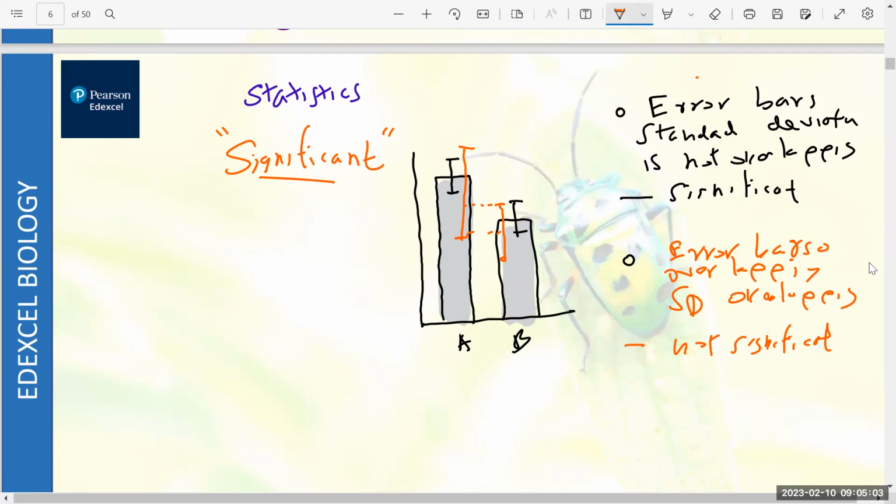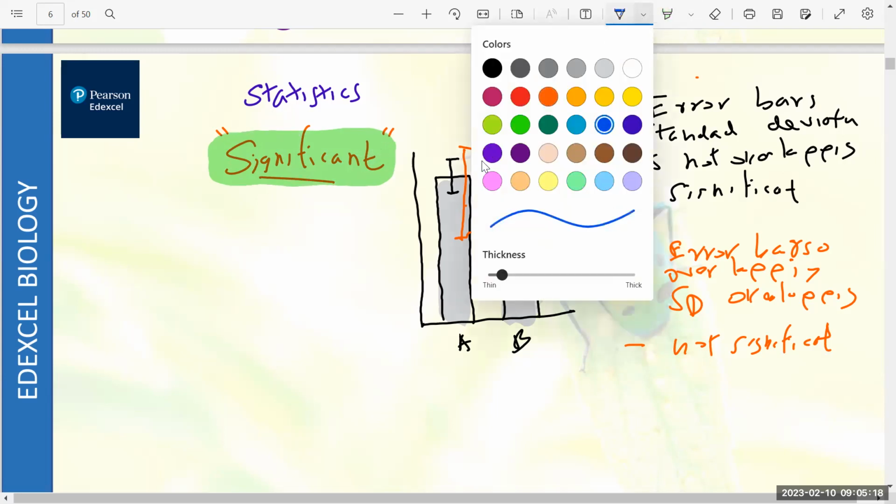Now, again, what is this significant? Why do we define this word, and what is the value of this significant? Why is it so important in statistics? We have again some kind of understanding.